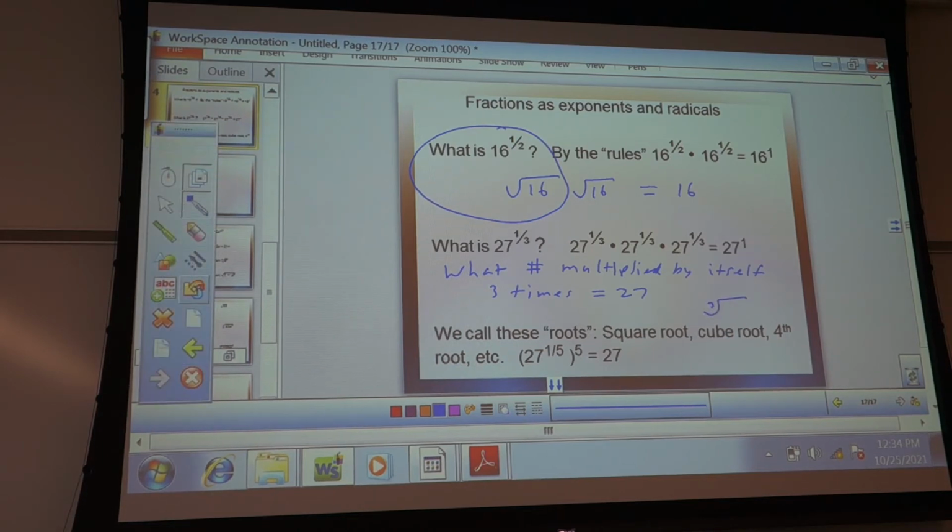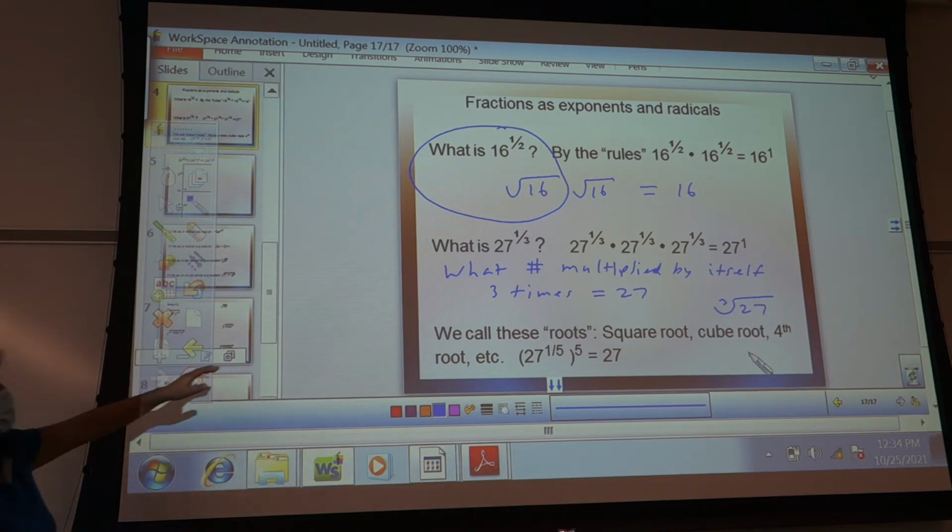So it's always 1 if it's 1 over something, right? Yes, it's always going to be the 1/3 or 1/2. We're looking at the square root and cube root numbers. So this is the same thing as a cube root. So 27 to the 1/3 is the same thing as the cube root of 27.